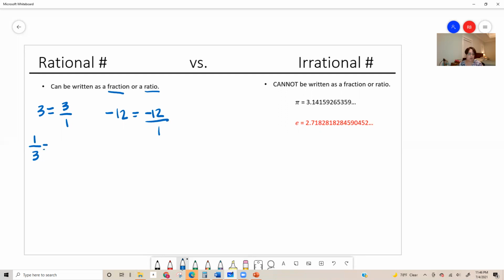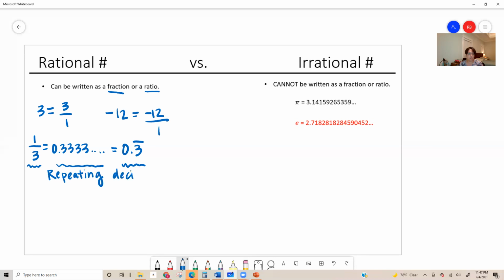So like 1/3 is equal to 0.333, and so on. A lot of times you will see this written as 0.3 with a bar over it. So it doesn't matter in what form, whether it looks like a fraction, like this repeating decimal, or has the decimal with the bar on the top, repeating decimals are also rational numbers.